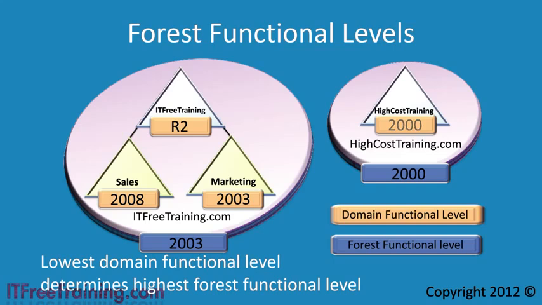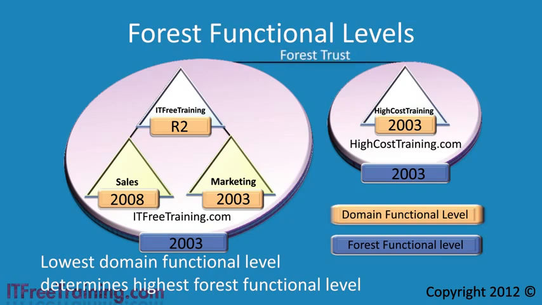Once this is done, I can raise the domain functional level to Windows Server 2003. Now that all the domain functional levels in the High Cost Training forest are Windows Server 2003, I can raise the forest functional level to Windows Server 2003. Now that both forests are at the Windows Server 2003 forest functional level, I can put in place a forest trust between the two forests.